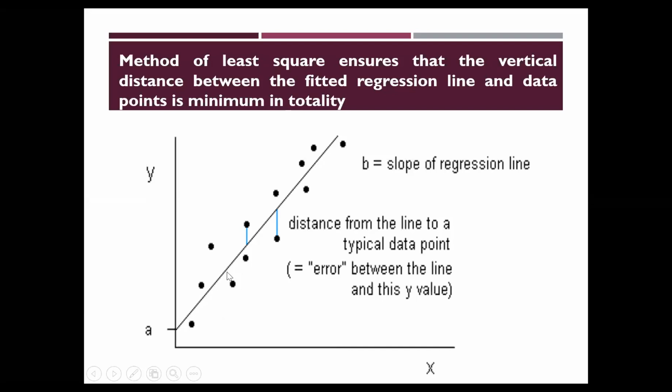Then we try to fit a straight line when doing any regression analysis. When we fit a straight line, the distance between the data points and the line has to be minimum. That method of fitting the straight line is called the method of least squares. It is a very commonly used method in regression for fitting the linear regression line.